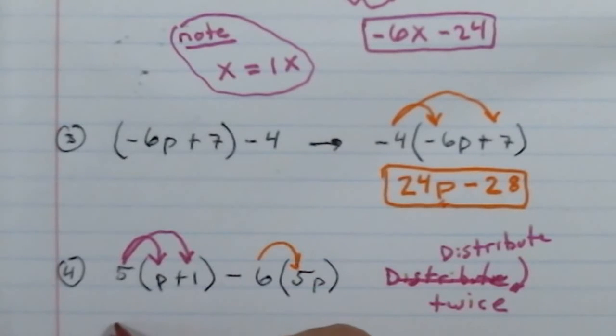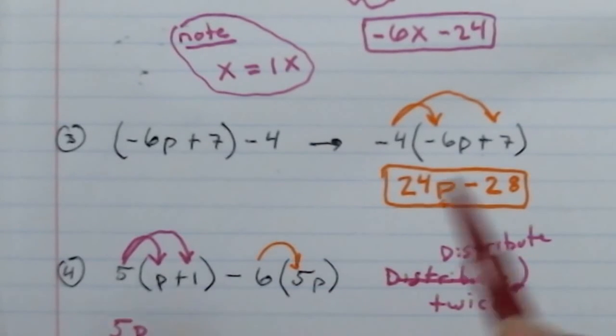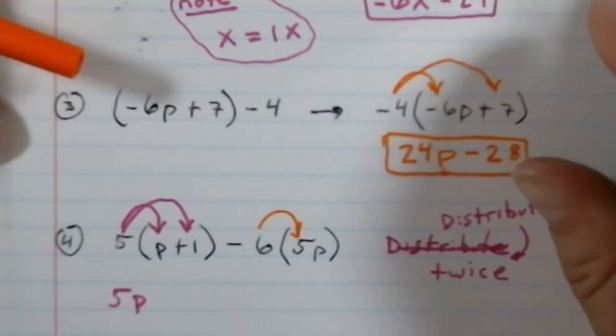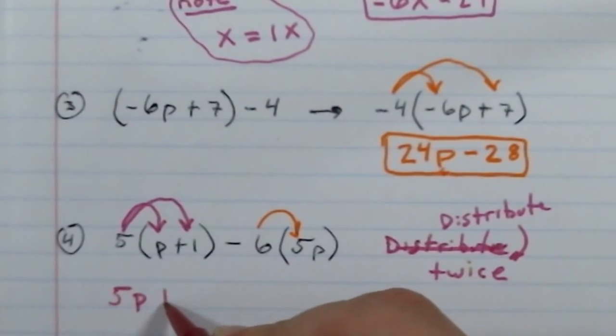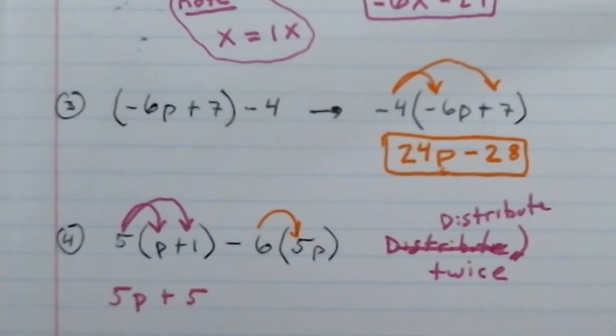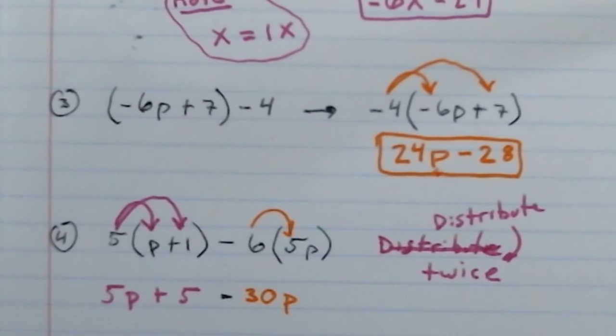This is going to be 5p, plus 5, minus 6 times 5 is 30p. You see how I'm keeping that negative in place?